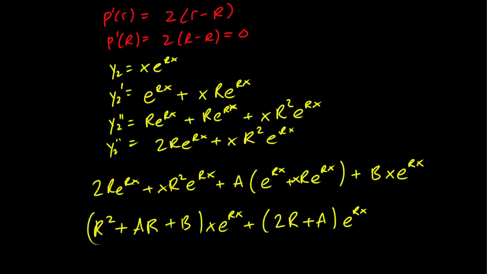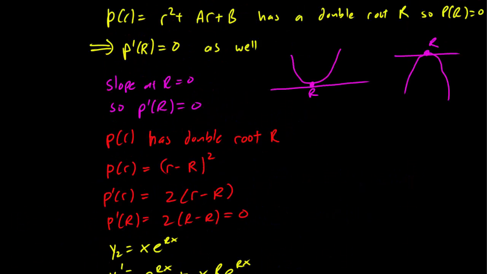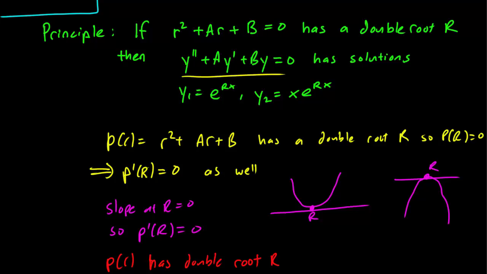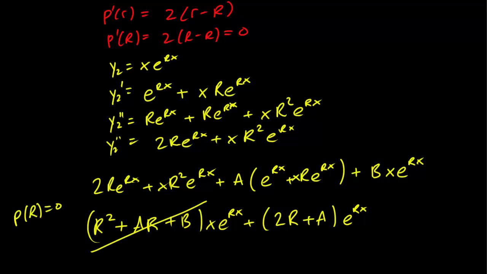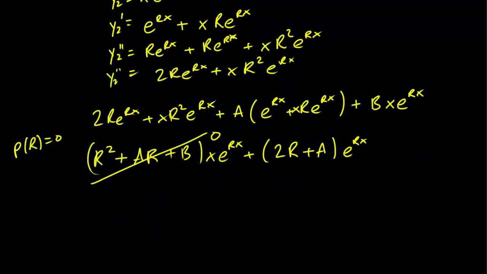First of all, we know that r is a root of the polynomial P, and the polynomial P is exactly this polynomial. So we know that this is in fact 0. So this entire term is 0. We just have to look at the second one. However, 2r plus a is equal to P prime of r.